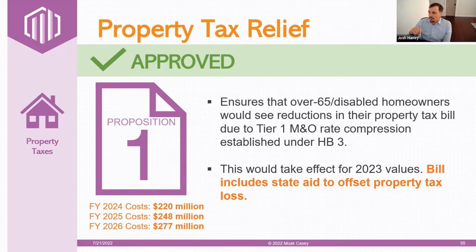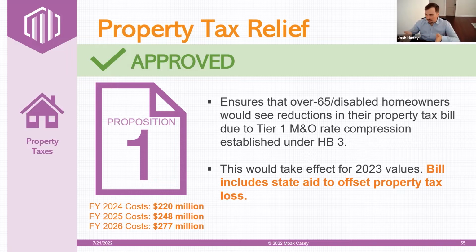The problem with the way House Bill 3 set up the tax compression is that for those over 65 and disabled homeowners, their levy again was locked in. As everybody else was enjoying the benefits of tax compression and seeing their lower property tax bills, their tax bill was essentially still frozen at that same amount.